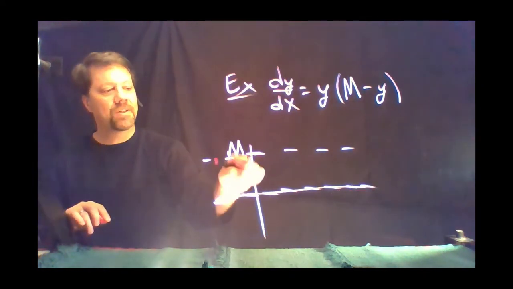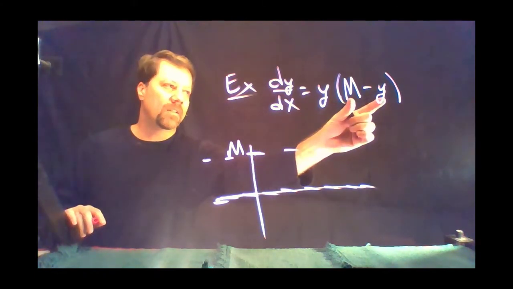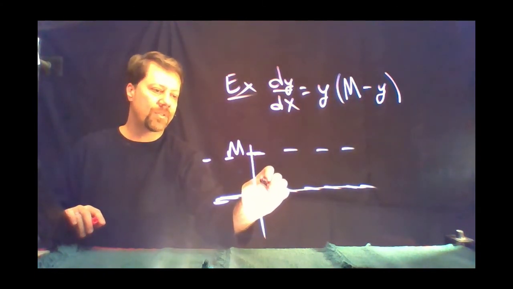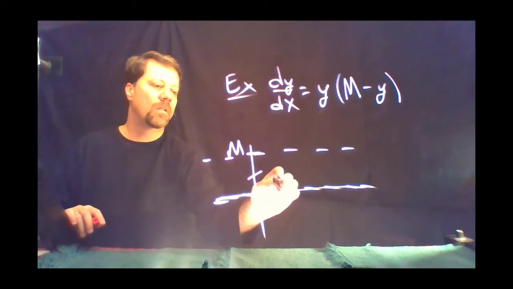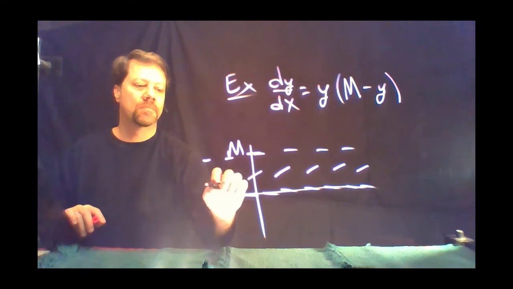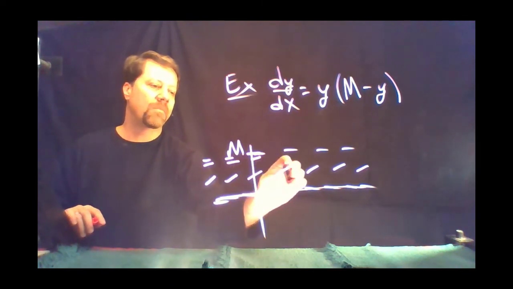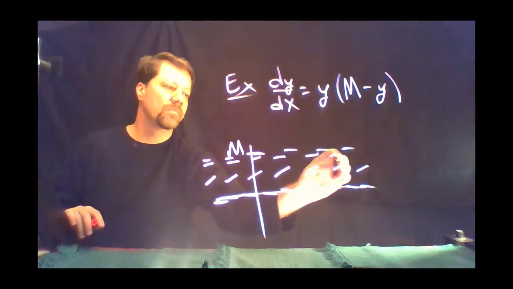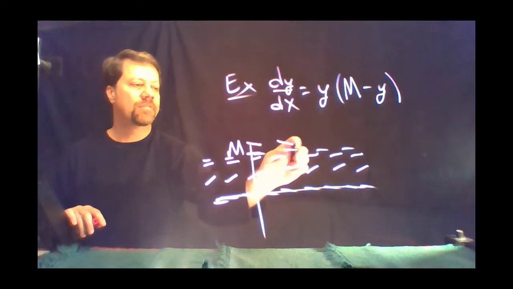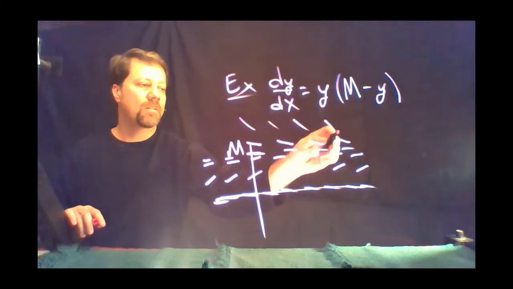Between 0 and m, the slopes are positive, and as you get closer and closer to m, the slopes get closer and closer to 0. If you're above m, the slopes go negative, and the further up you get, the more negative.